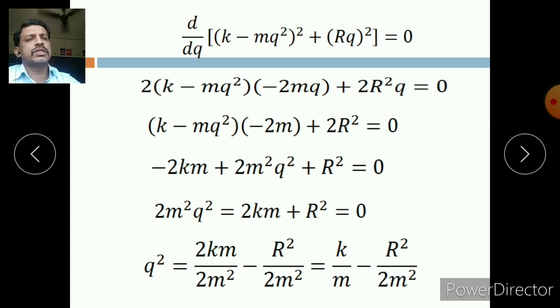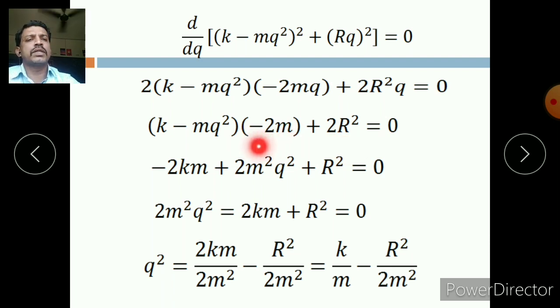If we divide this equation by 2q, then the 2 and q are removed from each part. So here we say that (k minus mq²) times (minus 2m) plus r² equals 0.